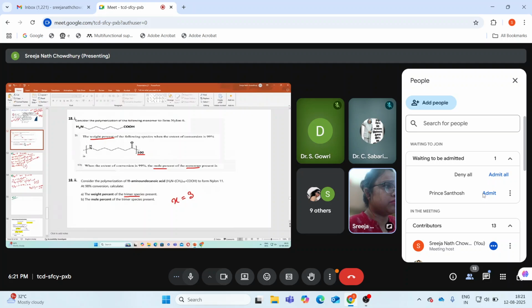Okay. So we have seen the problems regarding these three equations. Now we are moving forward to the kinetics of step growth polymerization. We have two cases here, external catalyst added or self catalyzed.